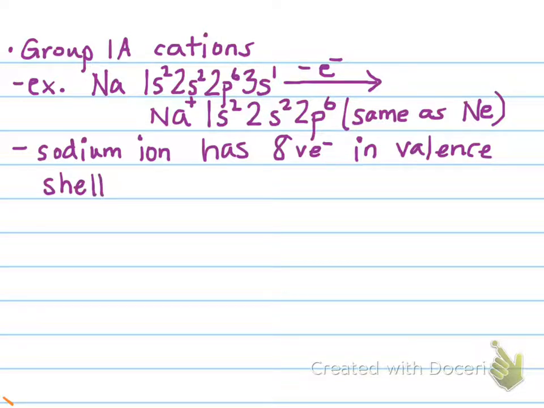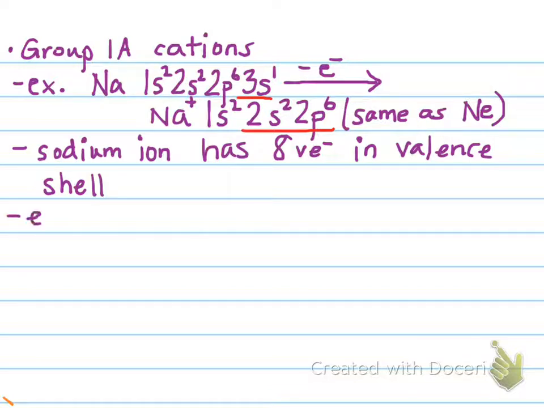In sodium as a neutral atom, its valence shell is the 3rd energy level, and it just has 1 electron in it. But when it undergoes ionization and becomes an ion, now its highest occupied energy level is the 2nd energy level, and it has 8 electrons in it.